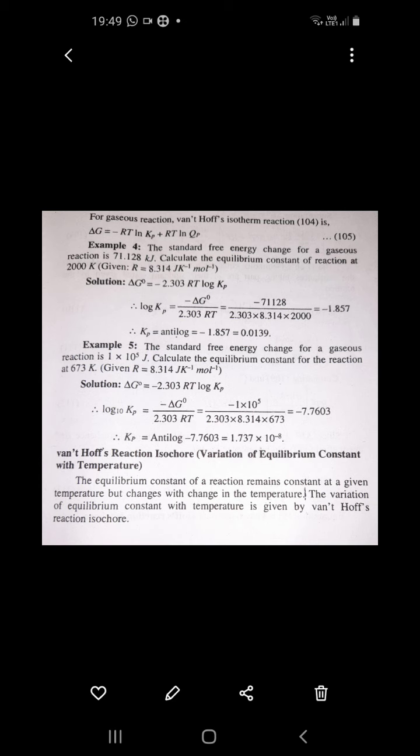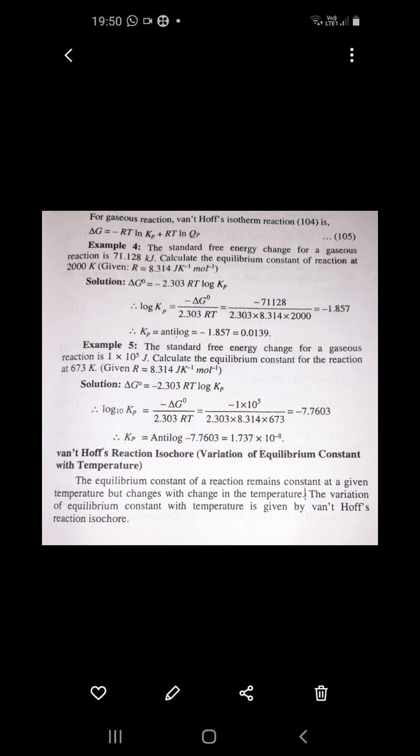How the equilibrium constant will vary with temperature is proved by this particular concept. We will see that now. The equilibrium constant of a reaction remains constant at a given temperature.